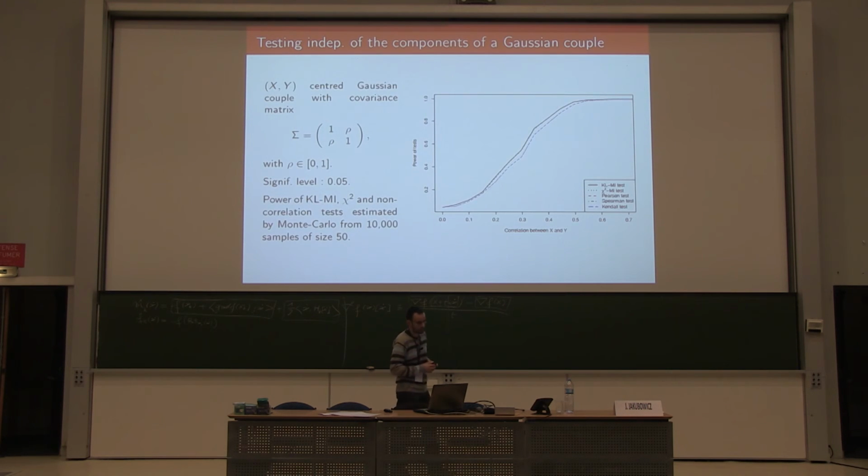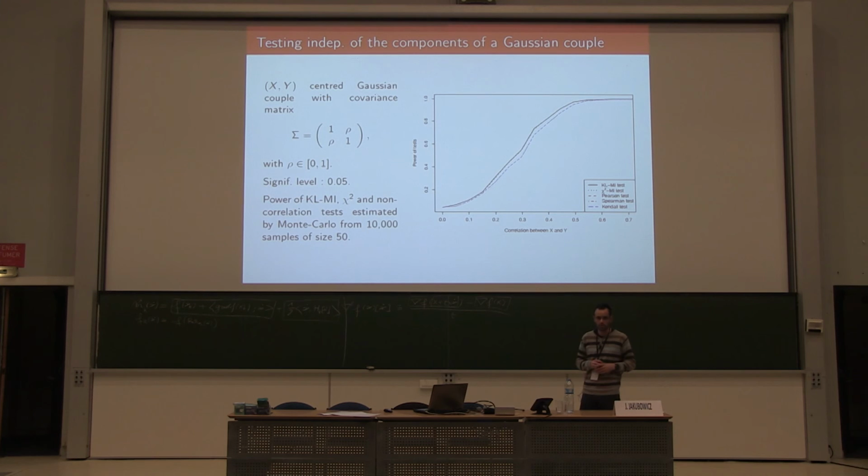Finally, we have performed also some simulation for Gaussian couples, and we obtained the same kind of result. We have compared the Kullback-Leibler independence test with the chi-square one, with the Pearson test, with the Spearman one, and with Kendall.